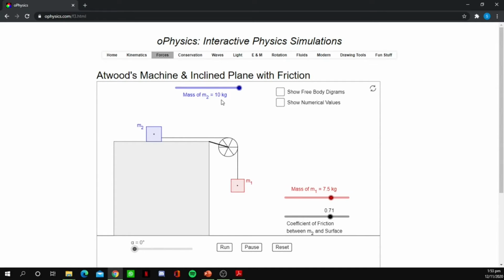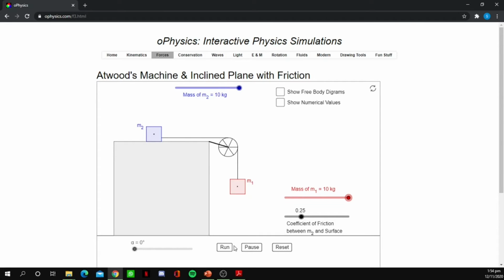and mass 10 kg, and surface of wood is 0.25, coefficient of friction between M2 0.25, and M1 is 10. Okay, it says slowly reduce the mass of M1 until it's barely moving toward M1. Record the weight of M2 in table B1.